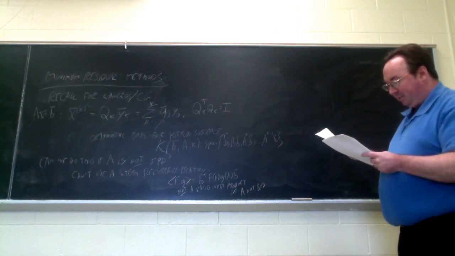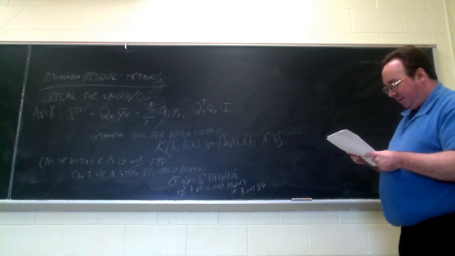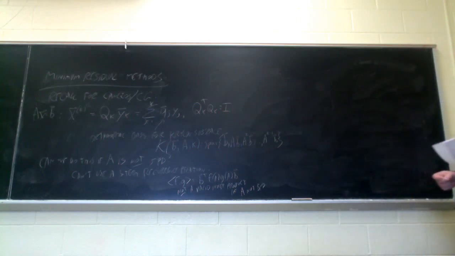And this actually brings about the third approach, which I meant to not cover, but I guess I'm covering it anyway, for computing a QR factorization. That's called Gram-Schmidt orthogonalization.